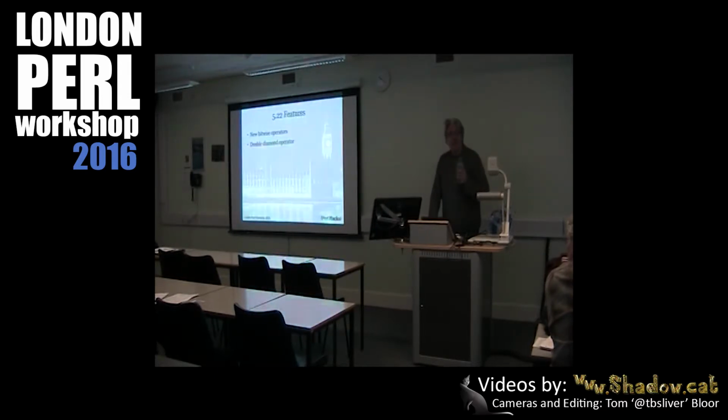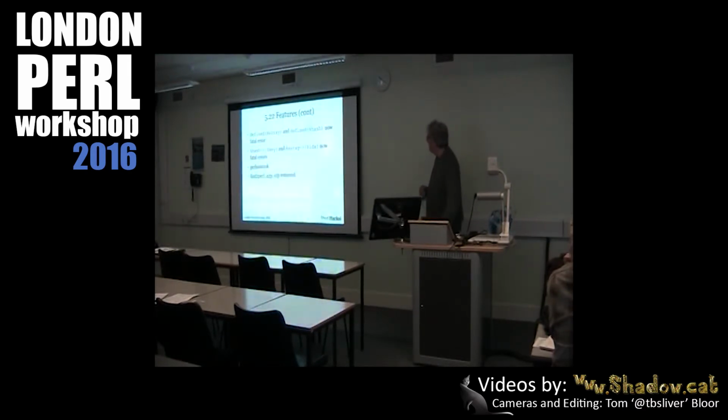Is anyone in the room old enough for me to make a beer joke about double diamond? A couple of you. Some new regex boundaries, a new /n option on regexes, Unicode, and then some nice cleanups of dodgy Perl code, which we'll look at in a bit more detail. And then some things, this is quite a big one actually, some things taken out. So let's start by looking at these bitwise operators.